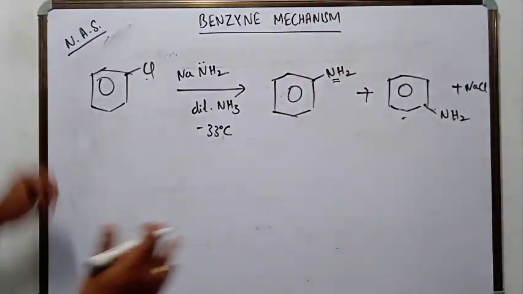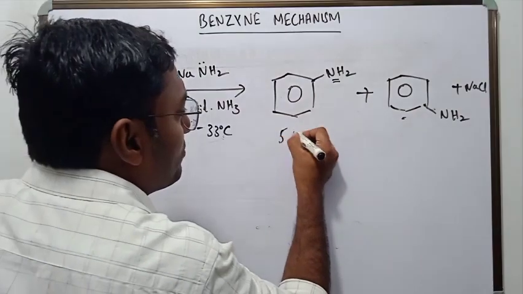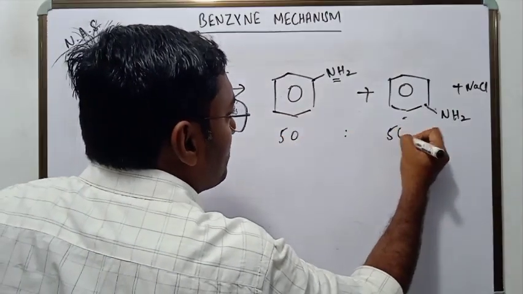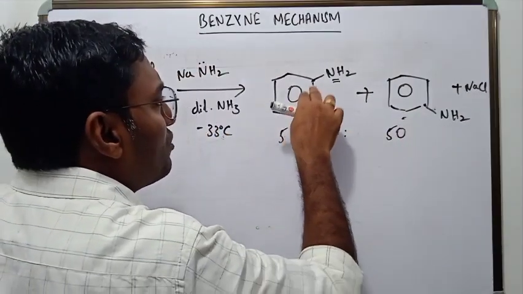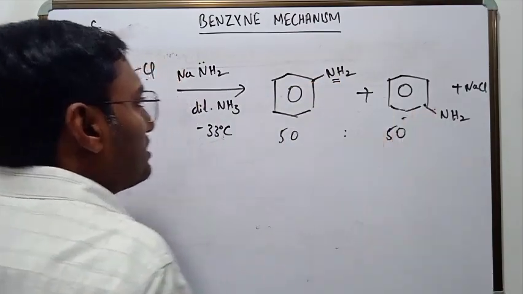So in these very few reactions that proceed through the benzyne route, not the typical addition-elimination route, two products are formed, and that too in a 50:50 proportion. That means 50% of this product is formed and 50% of that product is formed.